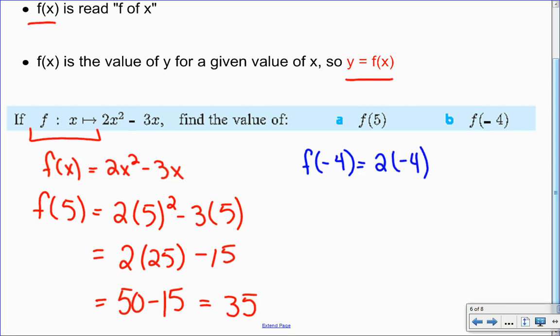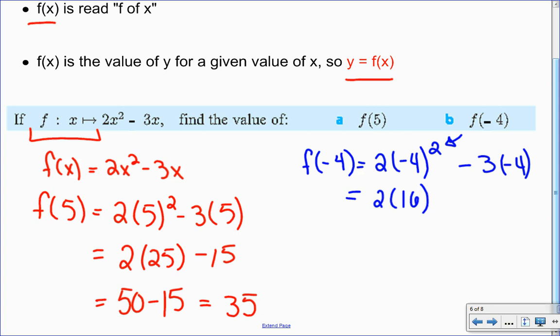And it's important to keep our negative in brackets as we're substituting it, especially when we're dealing with powers, like we are here. Okay, so we have 2 times negative 4 squared. So using order of operations, we square our negative 4 first. And we have 2 times 16, because a negative times a negative gives us a positive.